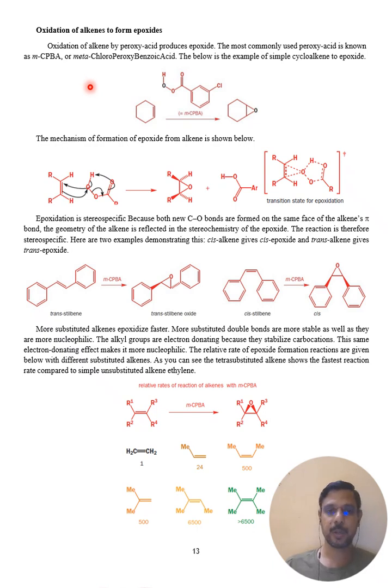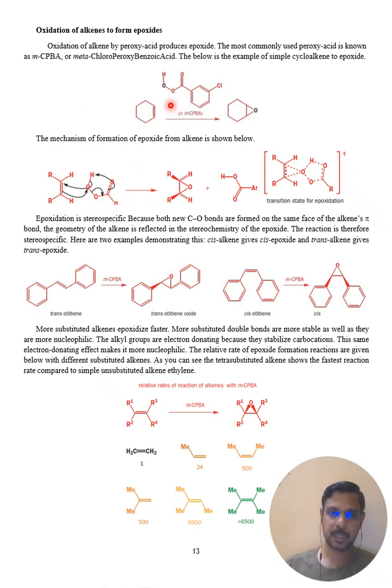Here we are going to make an epoxide by using a famous reagent called metachloroperoxybenzoic acid. We say mCPBA. Okay, mCPBA, metachloroperoxybenzoic acid. This is a very important reagent for generating an epoxide from the double bond. Okay, so the mechanism you can see here.